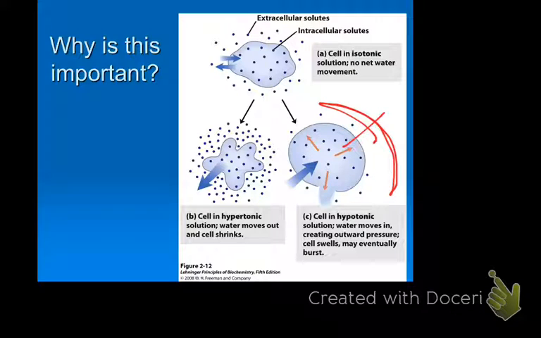On the other hand, if it's hypertonic, where you've got too much of the solute on the outside, then the water from inside the cell is going to go rushing out to try to make it equal, and then it's going to become crenated. It's going to shrink, shrivel up. So that's why it's really important that it's in an isotonic type of solution. You keep that in mind whenever you're working in the lab as well.